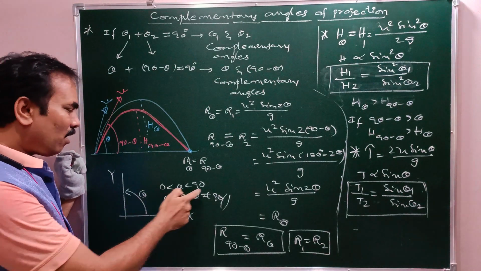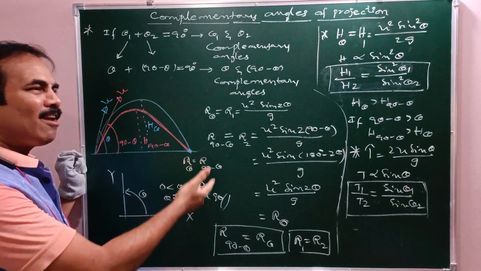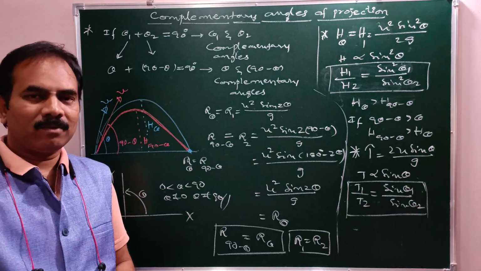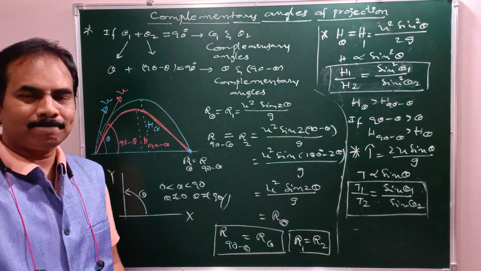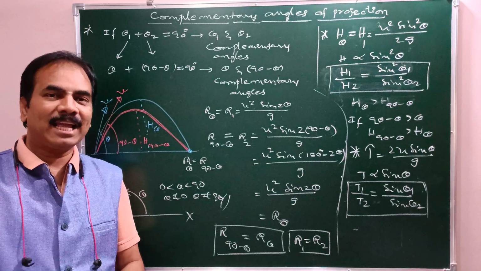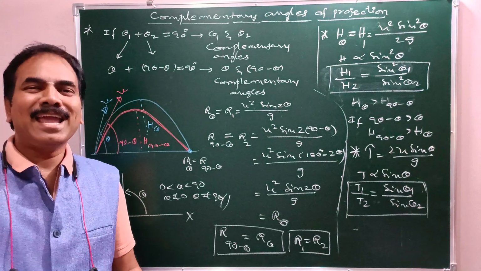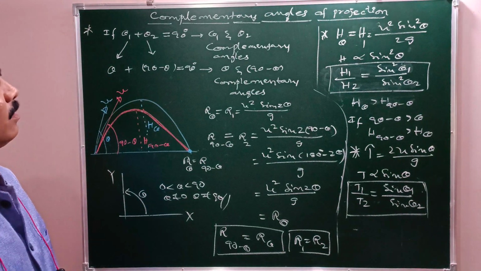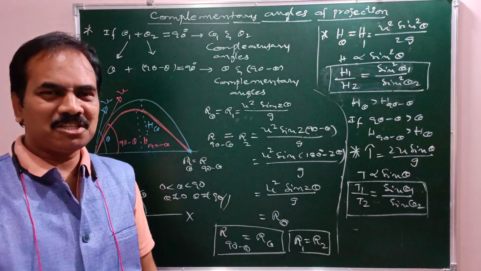Right? So, among all possible directions, for what angular projection does range become maximum for a given speed of projection at a given place? That's what I want to know here. Among all possible directions at a given place for a given speed of projection, for what angle does range become maximum? Okay. Now what is the expression for range? That is R equal to u square sine 2 theta by g.